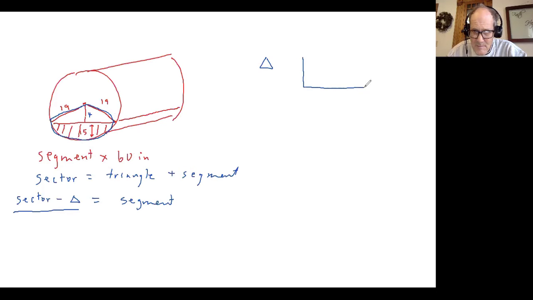So taking half of that triangle and drawing it out, we've got a 19, a 4, and there's a right angle. And it looks like we're going to need to find this piece right here, that base. Then the area of the triangle will be half the base times the height.